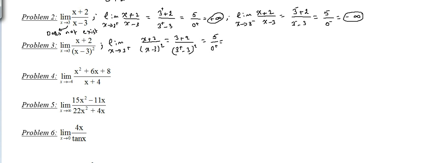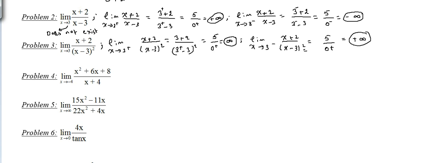So we end up with infinity. And the limit as x tends to 3 minus of x plus 2 over x minus 3 squared, also we end up with 5 over 0 plus, because we are squaring, so it will also be equal to plus infinity. This means the left-handed limit as x tends to 3 minus gives me the same as the right-handed. So the limit here is infinity.